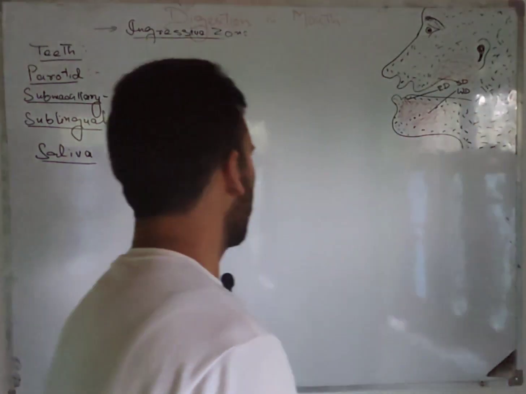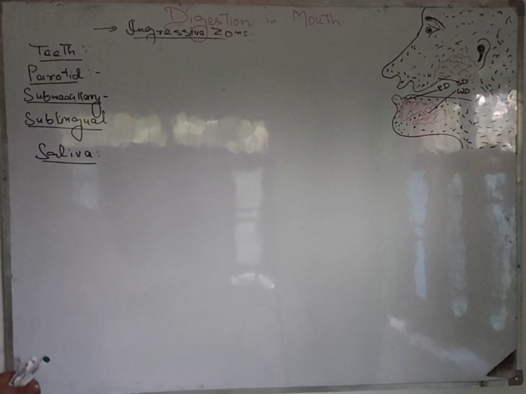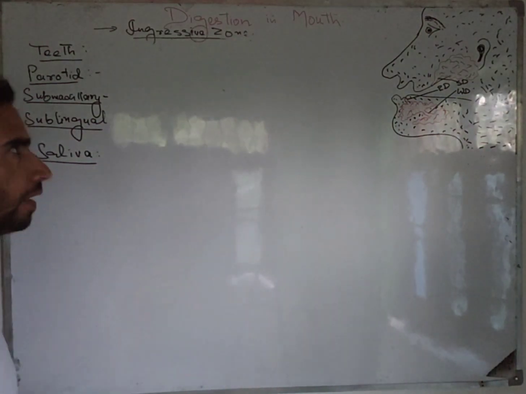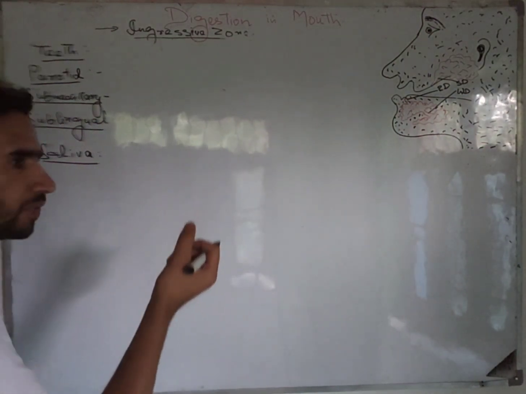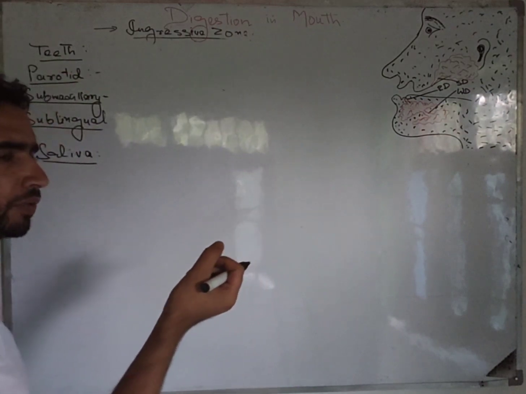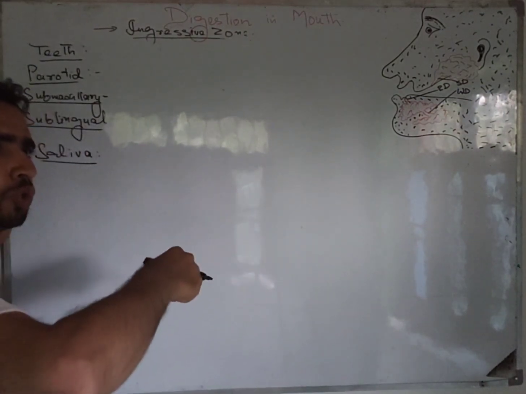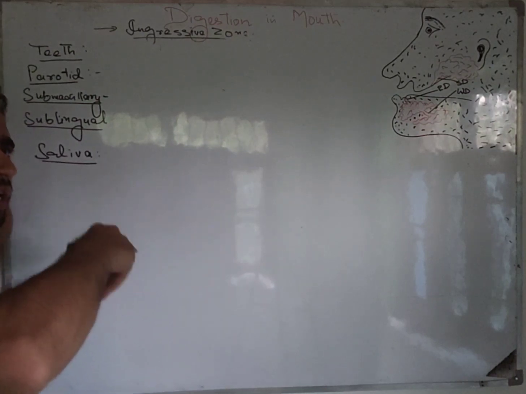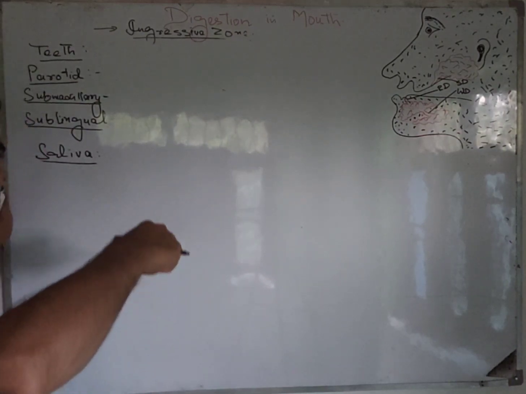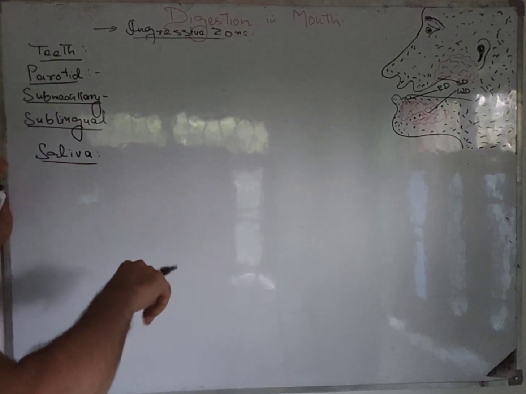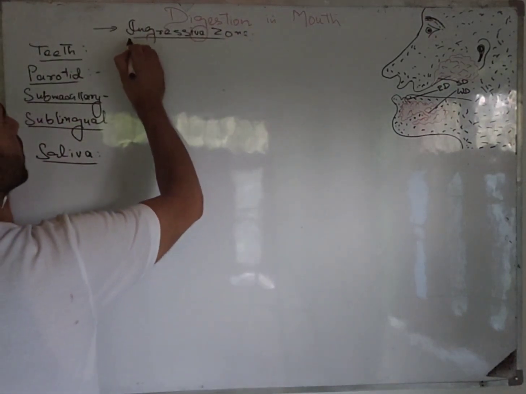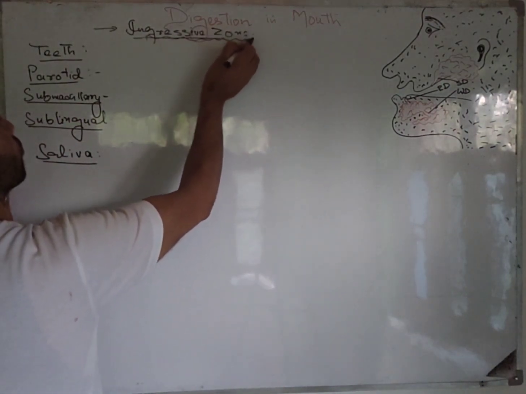Let us start. You know that the buccal cavity or the oral cavity or the mouth forms a specific zone of our digestive system through which we incorporate the food items into our buccal cavity, then into our other digestive tube structures. So this zone is called the ingressive zone.